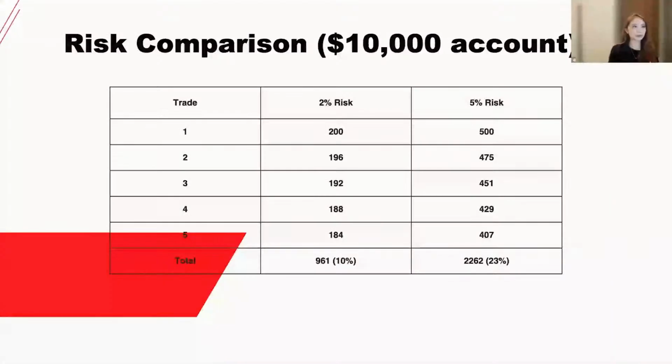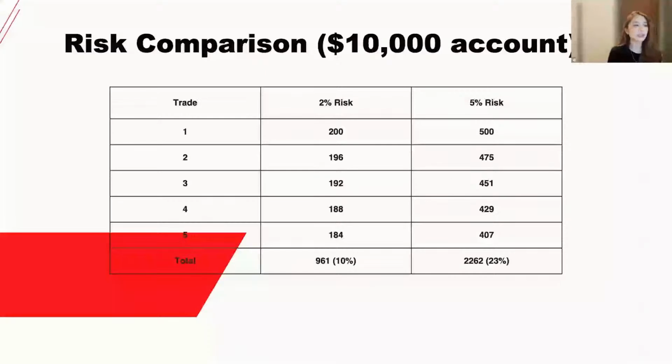In comparison, on a $10,000 account, one trade for $200 equals 2% risk, and 5% risk is $500. We are looking at a series of trades: 2, 3, 4, 5.